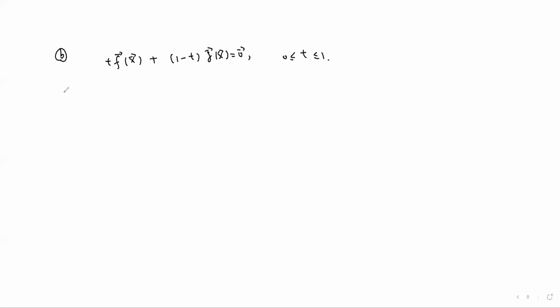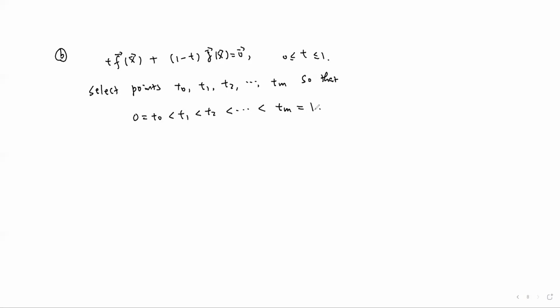Then select points t0, t1, t2, and tm, so that t0 is equal to 0. When t is 0, this equation is the original equation. Less than t1, less than t2, and so on. How about tm? tm is the right side, 1.